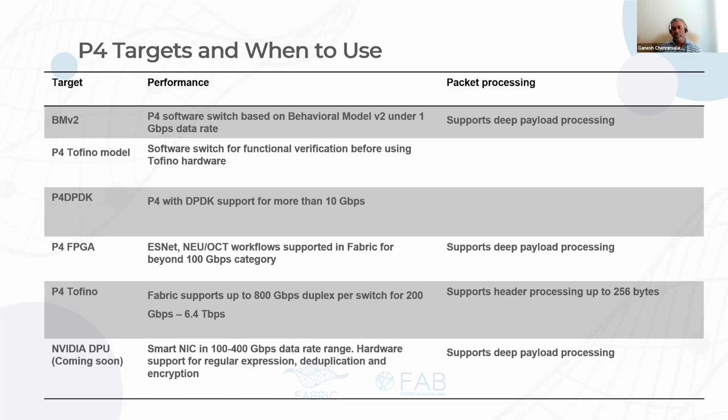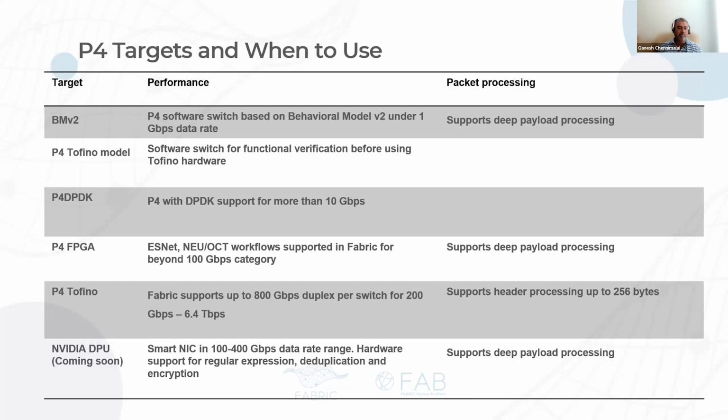With respect to header processing, it can process only up to 256 bytes. There are other switches, I think one of the NVIDIA switches supports up to 512 bytes to be precise, but I haven't seen a switch that goes beyond that.